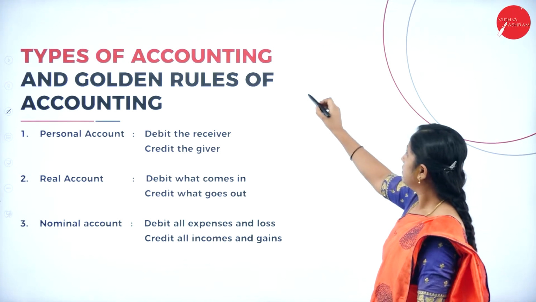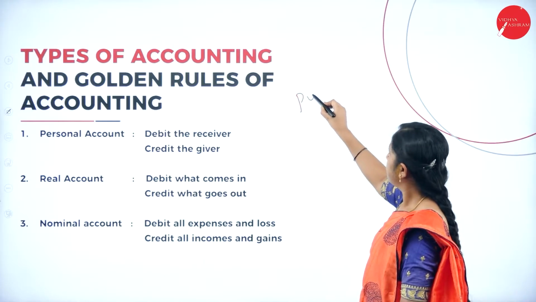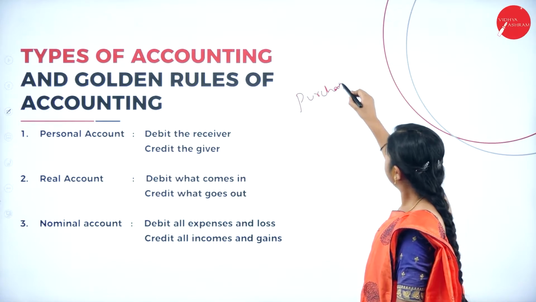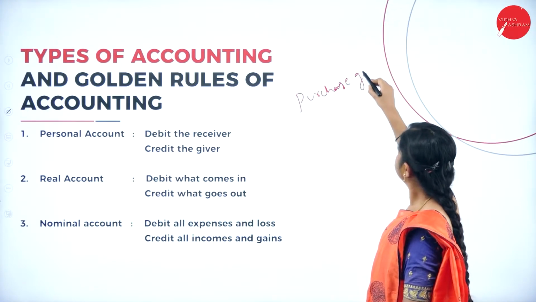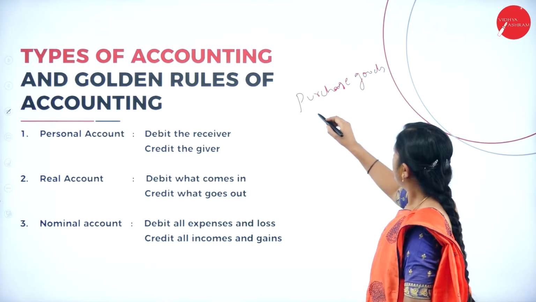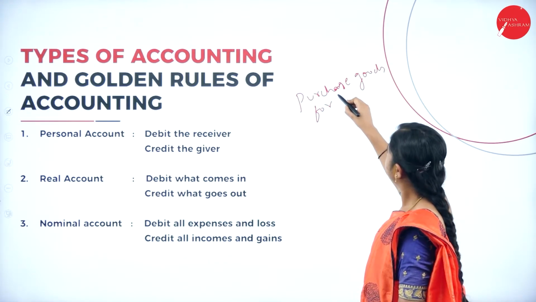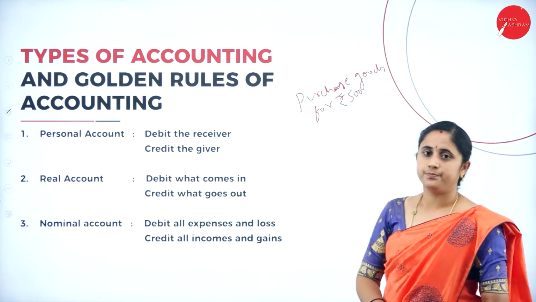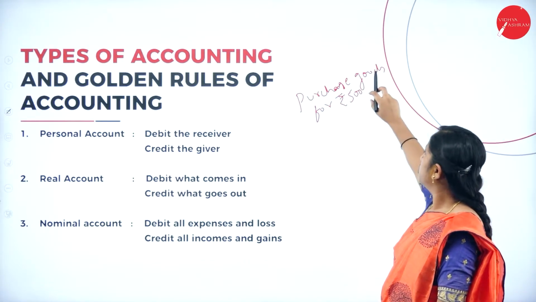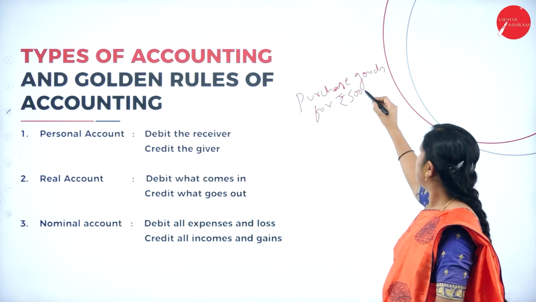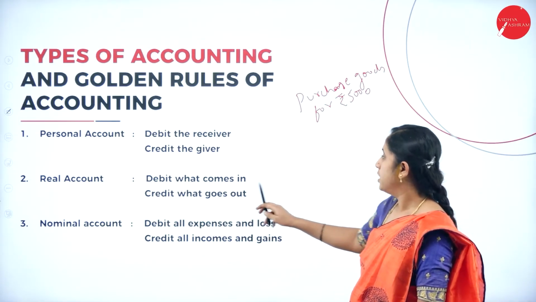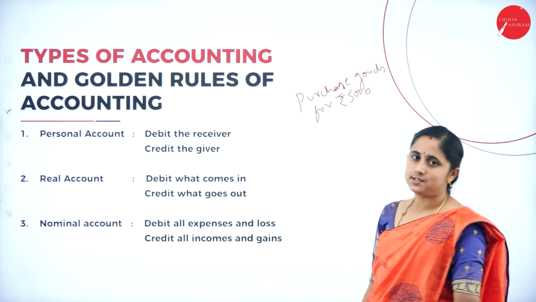Here, for example, you have purchased goods for rupees 5,000. Apply the real account rule. Debit what comes in.